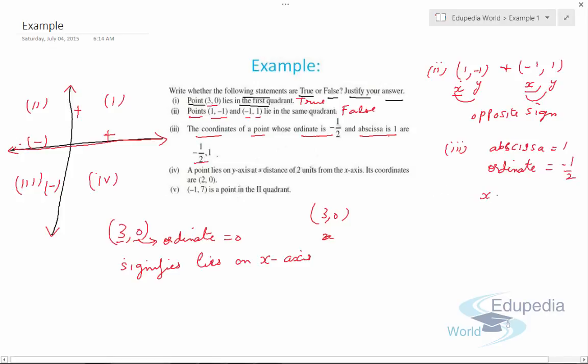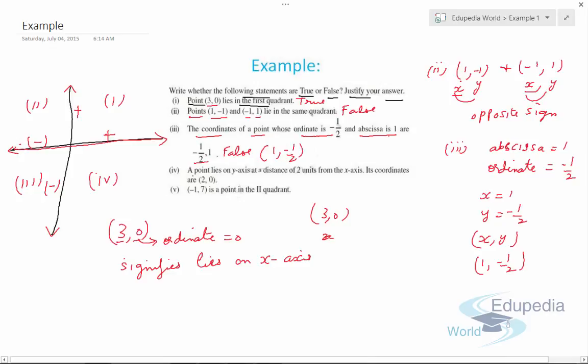Meaning the x part is 1 and the y part is -1/2. So we clearly know that we always write a point as (x, y). So this means the point will become (1, -1/2). So the statement is false. Why? Because the point will become (1, -1/2).